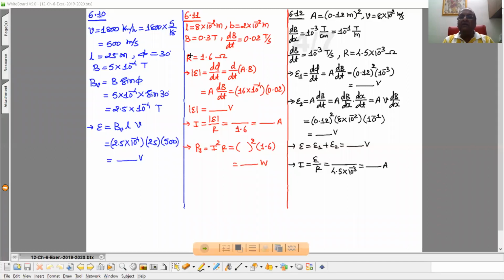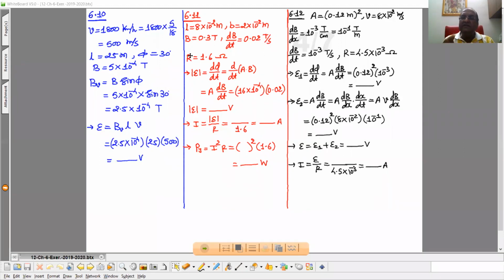Now here, see, suppose we consider when the motion of the loop takes place, due to its different positions only, the field is changing. EMF will be generated. Okay. So that EMF we have to calculate. But in addition to that, during its motion with time, the field is also changing.